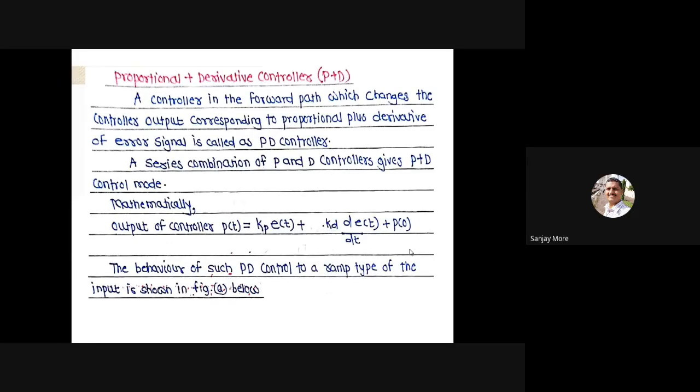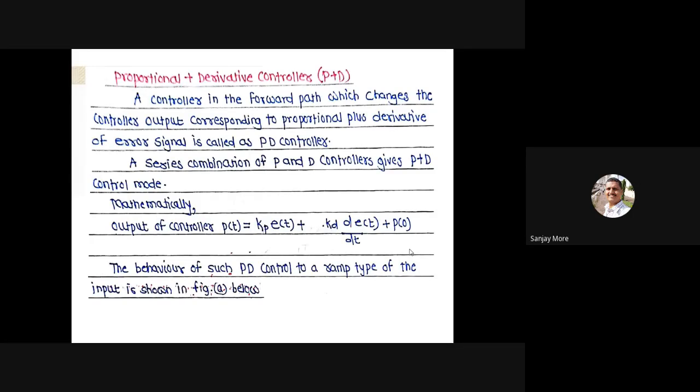Okay. Full stop. The next line: a series combination of P and D controllers gives P plus D control mode.